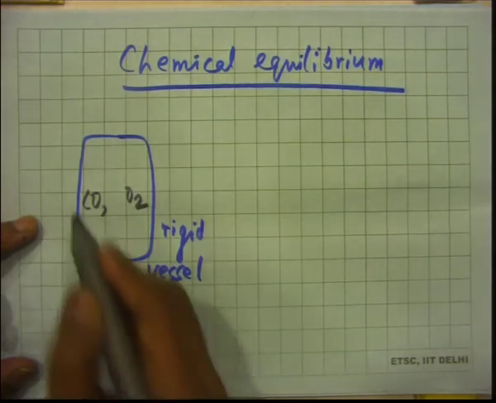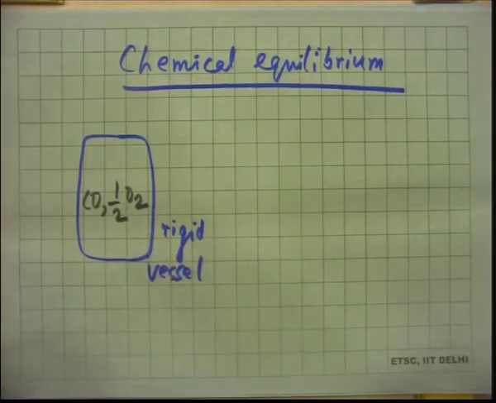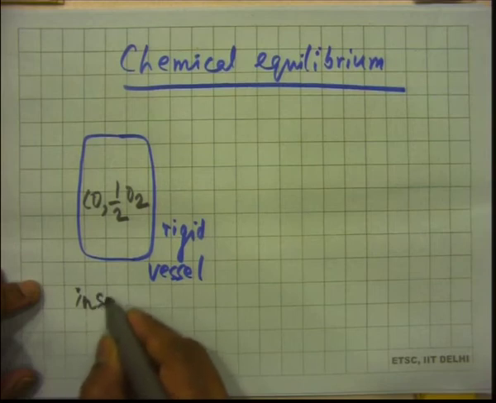Let us also say that we have 1 kilomole of carbon monoxide and half kilomole of O2, and some pressure, temperature, some initial conditions, in a rigid vessel. So, that means the volume remains constant. Let us also assume that it is insulated, so that there is no heat transfer.